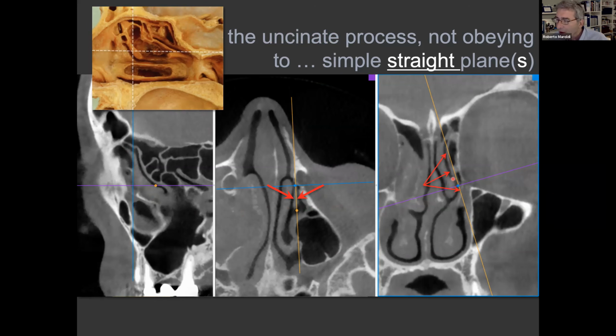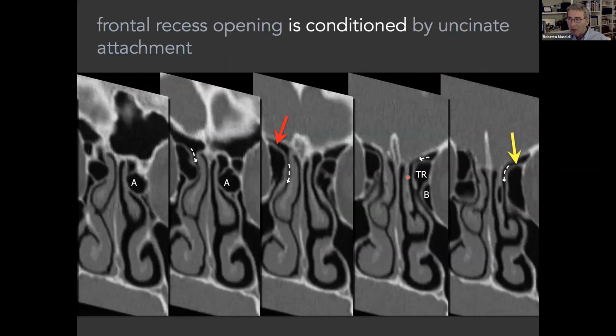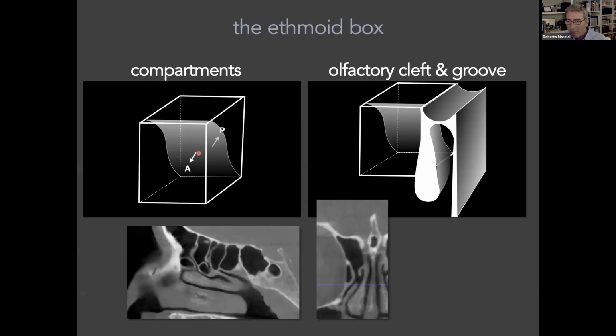This is quite an important consideration because according to the attachment of the uncinate process, for example, on the left side, but also on the right side, the drainage from the frontal sinus will move medially to the uncinate, or it could be lateral to the uncinate, not in this case. So we have a box.